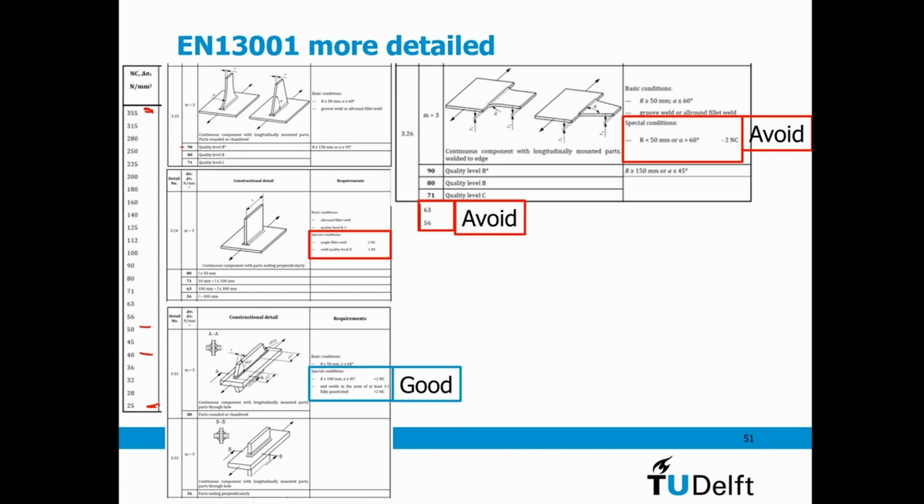So 40 means that my allowable stress, if I have a completely varying stress, is only 20. Yeah, so the impact of fatigue is huge on your design if you have a large number of stress variations.